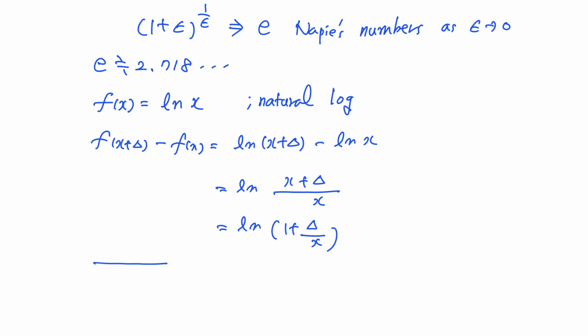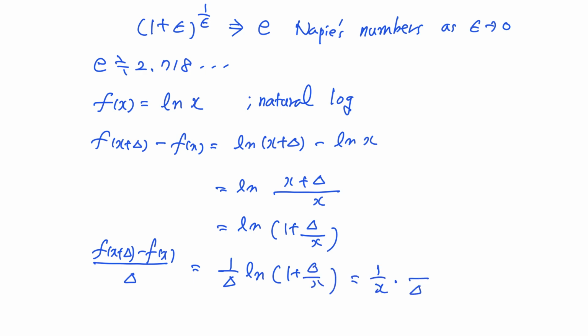So 1 over delta times [f(x plus delta) minus f(x)] is 1 over delta ln(1 plus delta over x), which can be written as 1 over x times x over delta ln(1 plus delta over x), right?